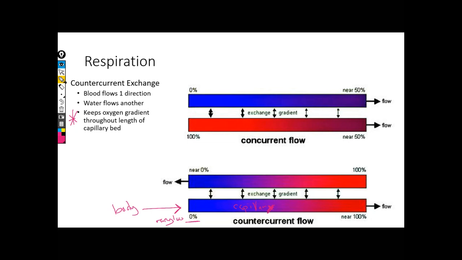Now, the top bar here is the flow of the water. That's where we're getting our oxygen from. So this is my water. Here's the start of my water, because we're flowing this direction. This is one of the keys for flowing opposites.